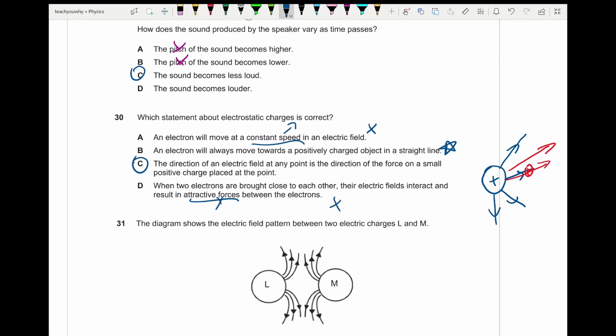So let's see why B is wrong. An electron will always move towards a positive charge in a straight line. No, not true. So let's say I have a positive charge connected to a negative charge. What's going to happen is that the electrons will actually curve.